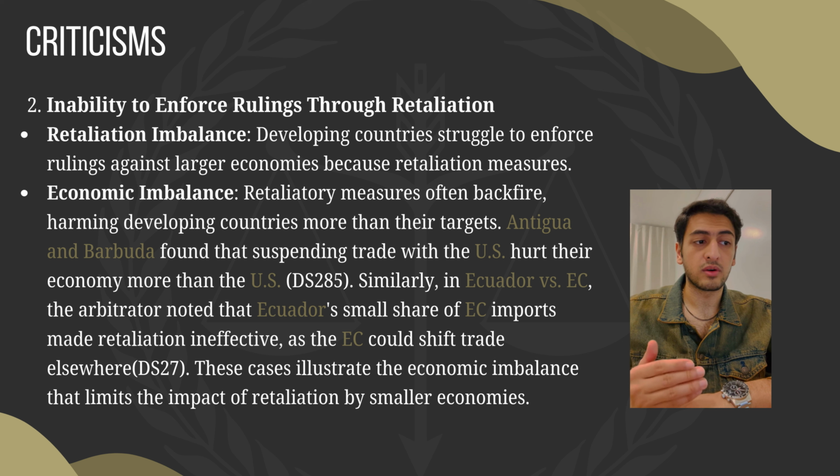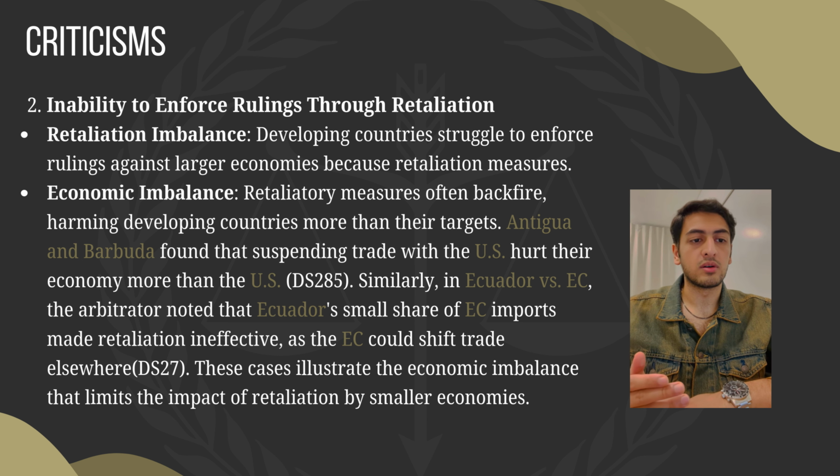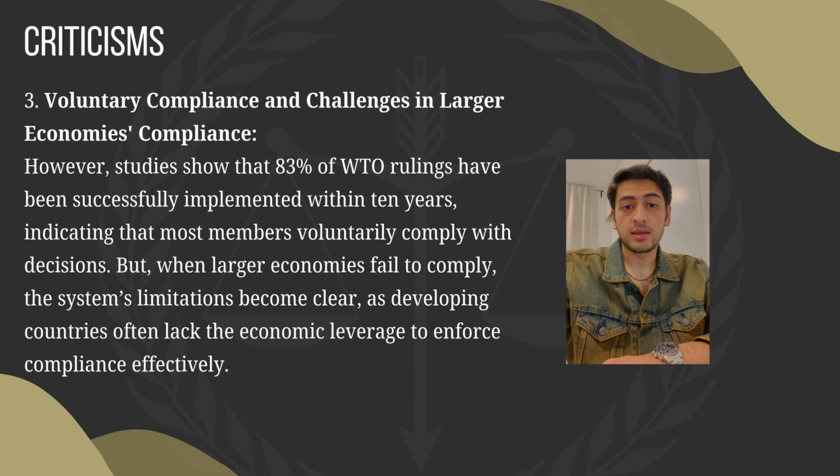Similarly, in Ecuador versus EC, the arbitrator noted that Ecuador's small share of the EC imports made retaliation ineffective, as the EC could shift trade elsewhere. These cases illustrate the economic imbalance that limits the impact of retaliation by smaller economies. The third one is voluntary compliance and the challenge in larger economies' compliance.